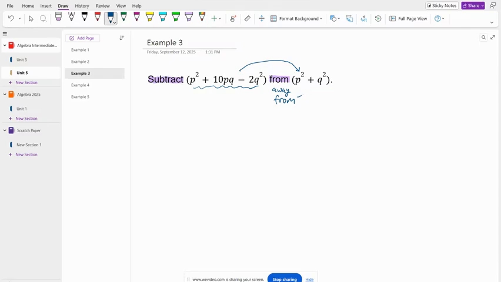from this one. Okay, so we're going to start off with that p squared plus q squared, and we're going to subtract p squared plus 10pq minus 2q squared. Okay, we'll take care of this minus sign first.